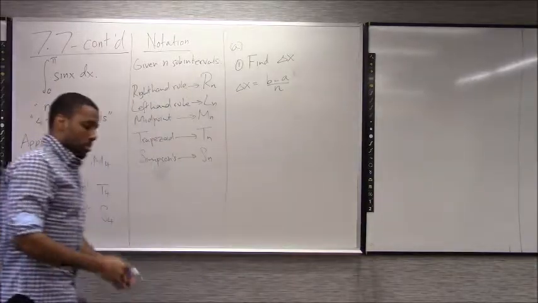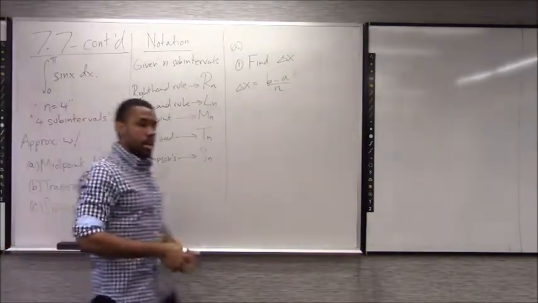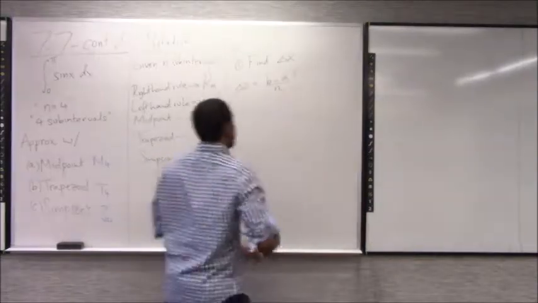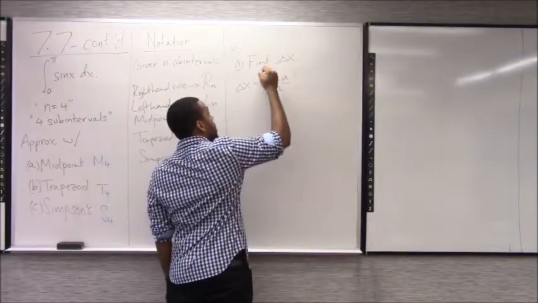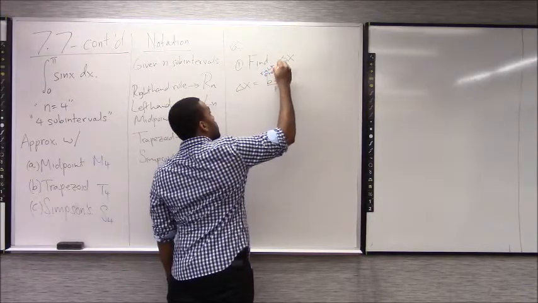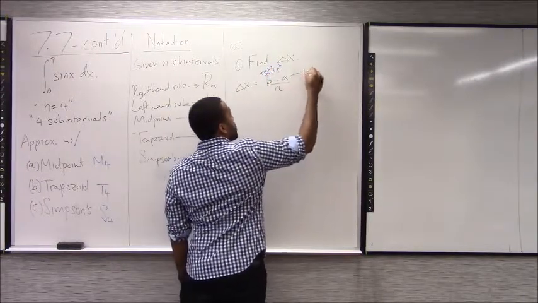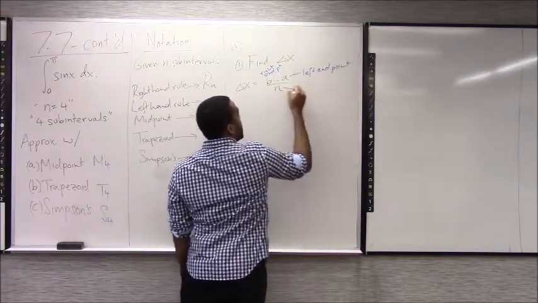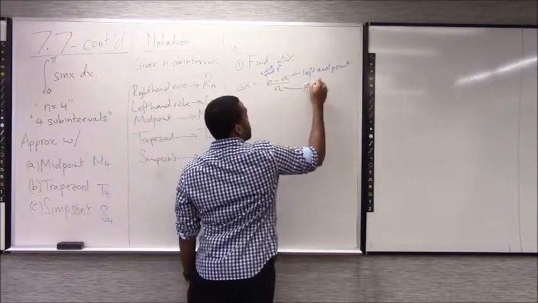I have that listed in a blurb in the first paragraph of this handout. b is the right endpoint, a is the left endpoint, and n is the number of subintervals.